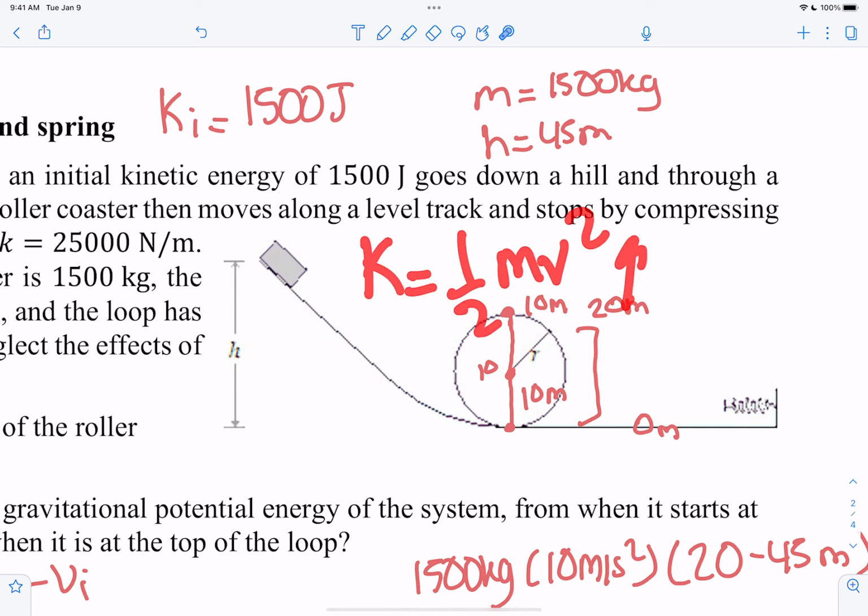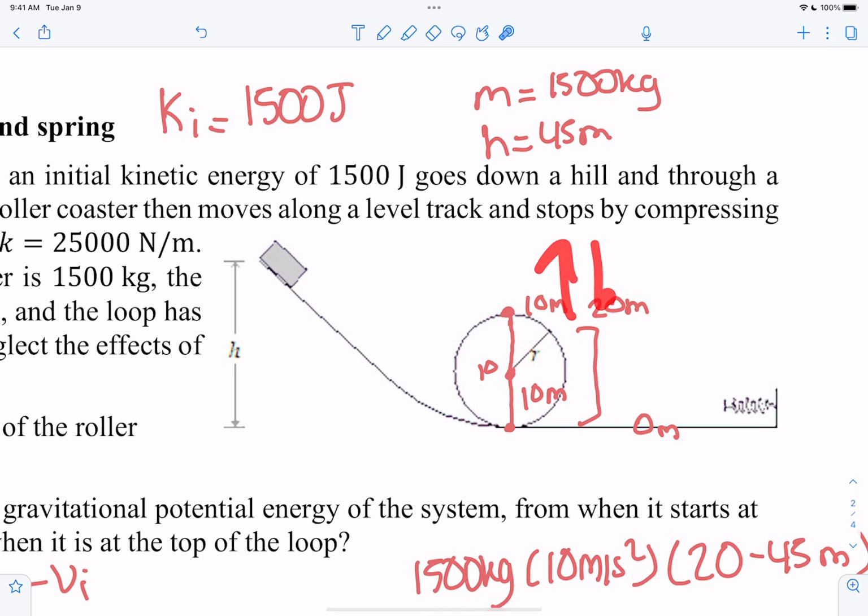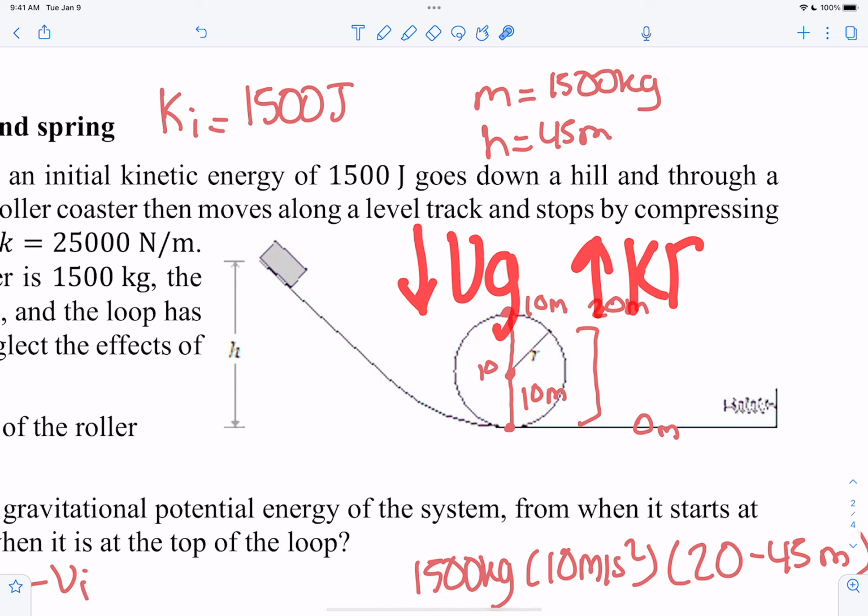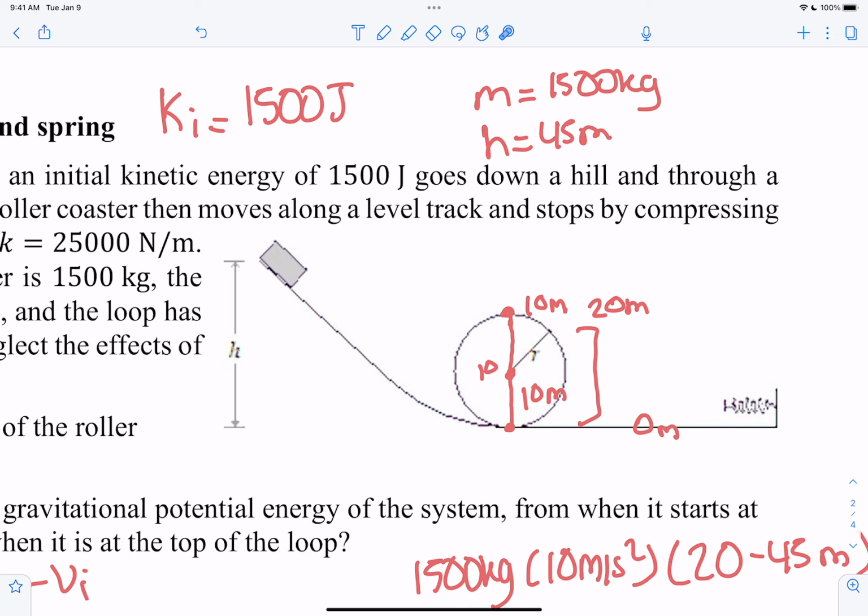So as your speed increases, your kinetic energy increases. And it increases in a way that it kind of takes from the gravitational potential energy and adds to the kinetic. So as UG drops, kinetic energy will increase pretty much by the same amount.